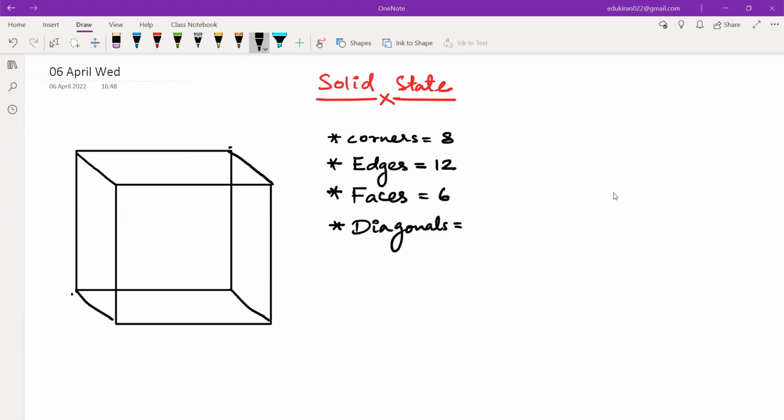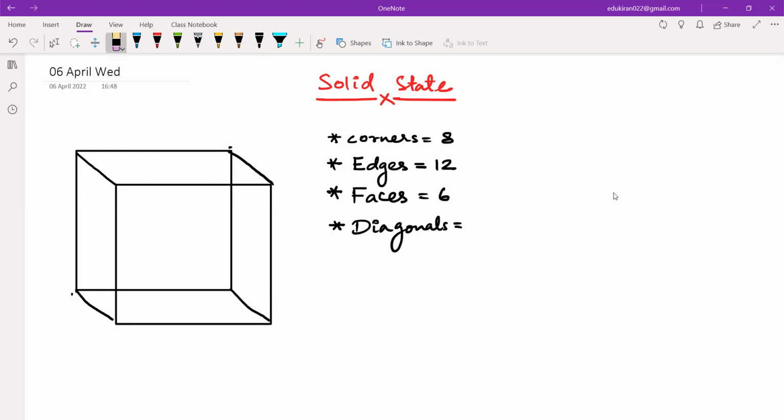So there are 2 different types of diagonals that you can see. The cube has 6 faces, and each of the 6 faces is a square, right? All of the faces are square, right, guys? And one square can have 2 diagonals, correct? Good.